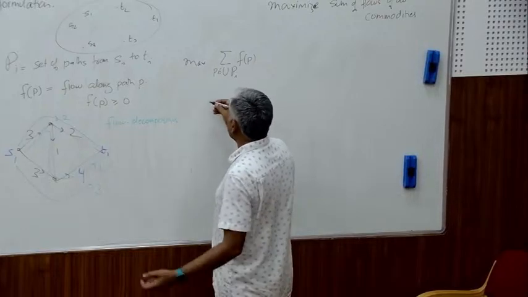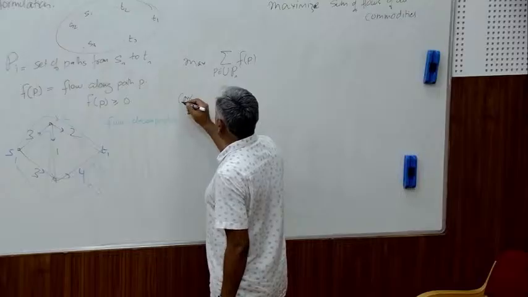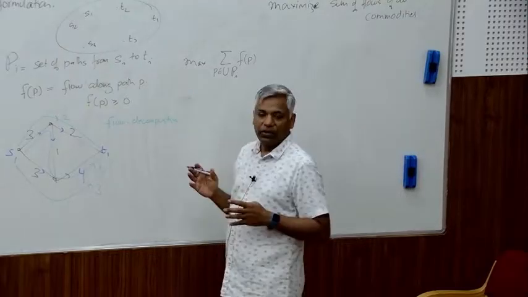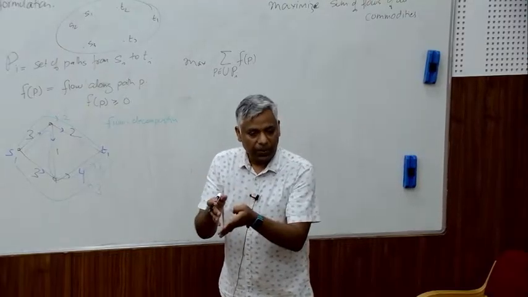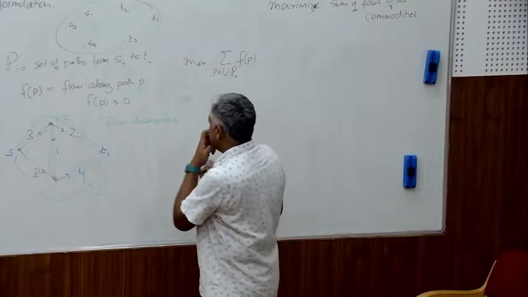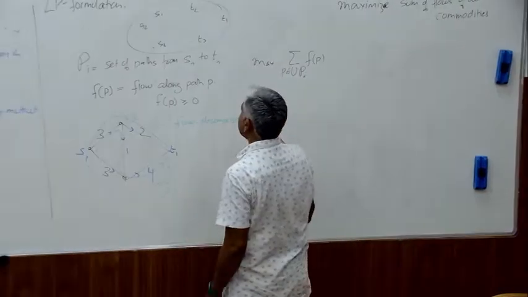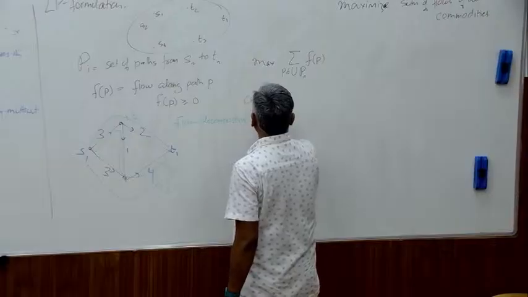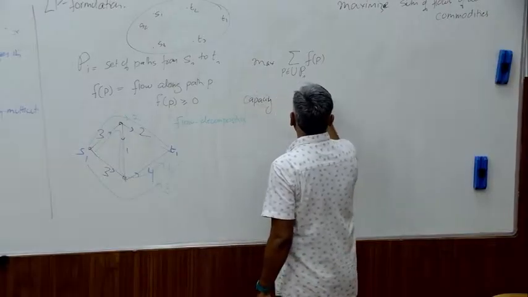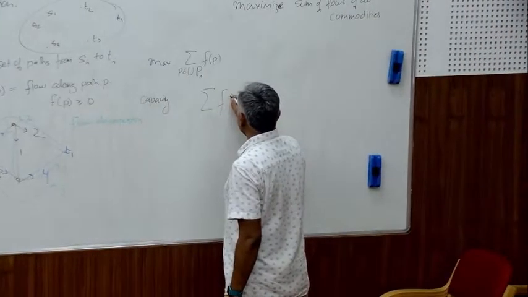What else should I have? Okay, so conservation. Who will tell me? Sorry, no, conservation is automatically happening here, because I'm sending flow along paths and not along edges. Or thinking of it as that. So how should I formulate capacity? Let me do it for you. So summation f of p.